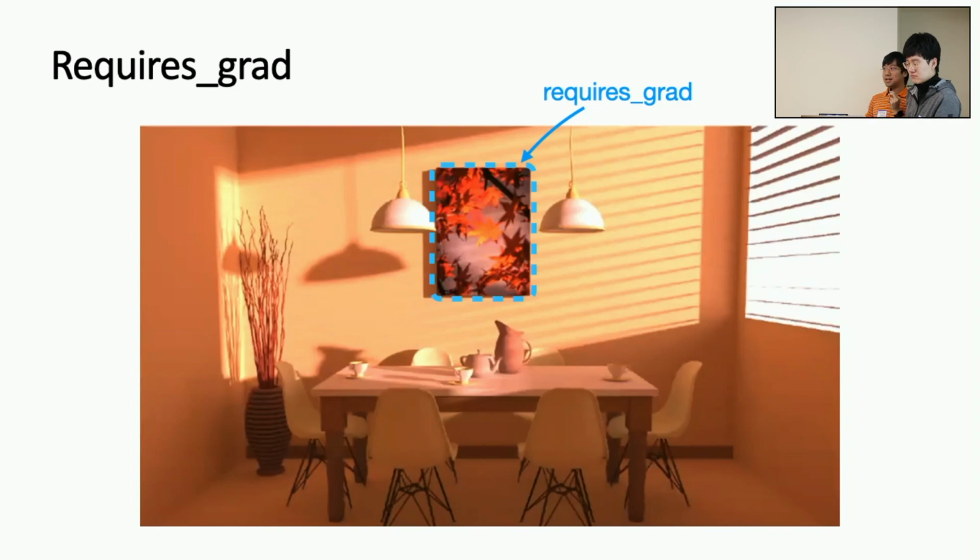Since this is pretty much a runtime thing, it's hard at compilation time to pre-require only the painting to be differentiated. So that's one of the annoyances on the user side: if we are to skip the other parameters, we have to do a lot of manual checks like this.